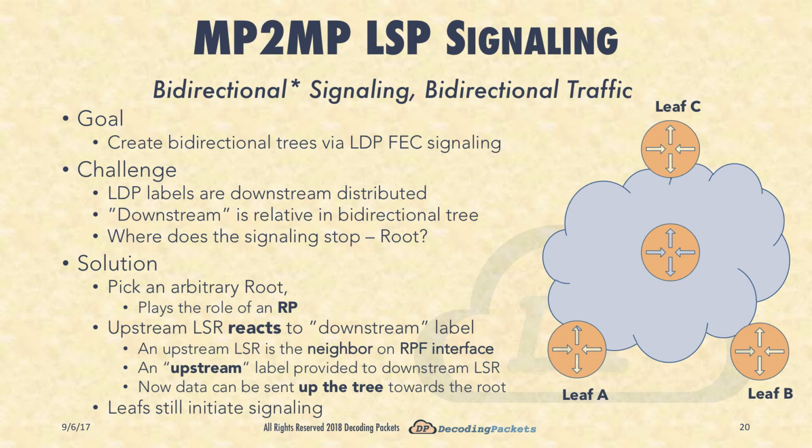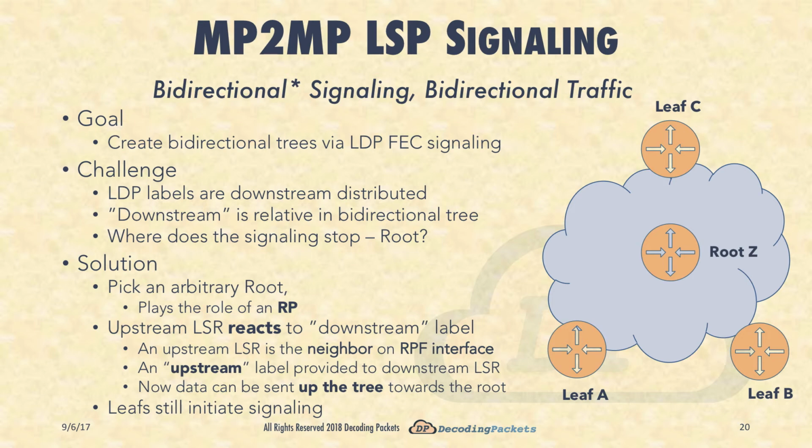As long as the LSR is part of the MPLS core, it is fine to serve as the root. So in our 4 LSR example in front of you, let's pick the middle LSR, root Z, because zombies, as the root, right? In terms of IP multicast, we can think of this as playing the role of an RP, or a rendezvous point.